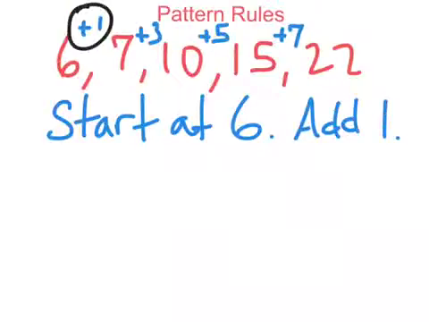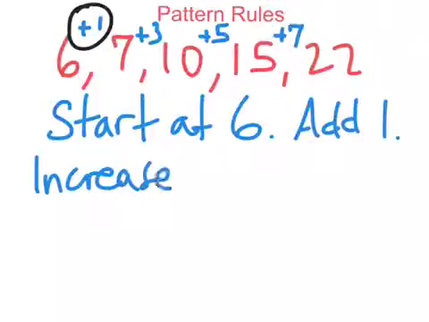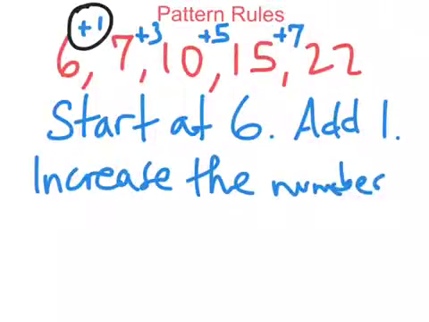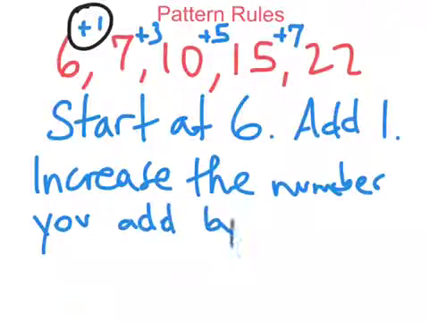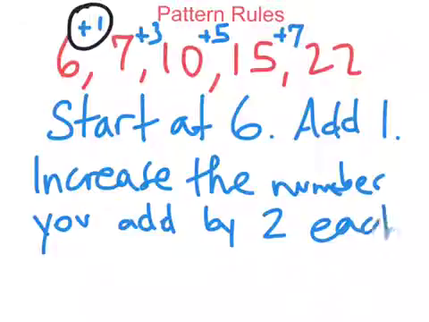But now you'll notice that the number we add goes up by 2. So we add 1, then 3, then 5, then 7. So how we'd write that as a pattern rule is increase the number you add by 2 each time.